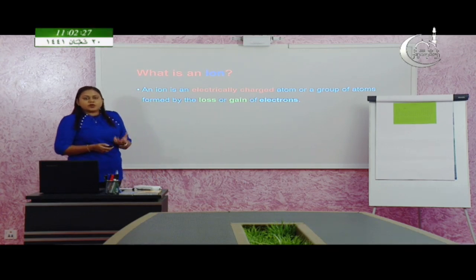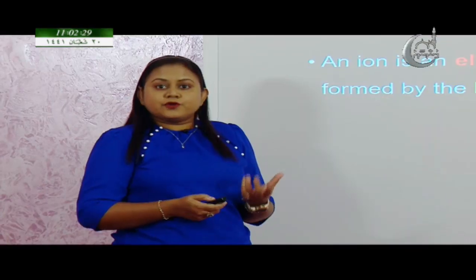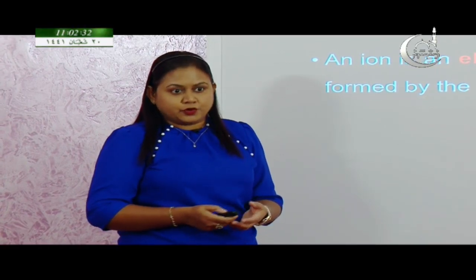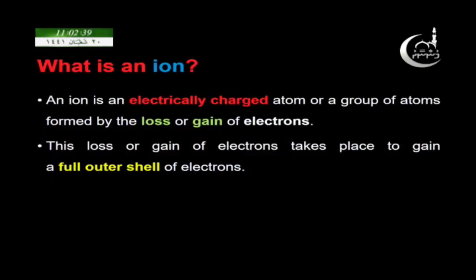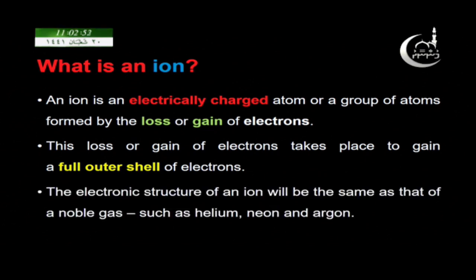You already know what an electron is, and also the charge of an electron. This loss or gain of electrons takes place to gain a full outer shell of electrons, that is, a stable electronic configuration. The electronic structure of an ion will be the same as that of a noble gas such as helium, neon and argon.